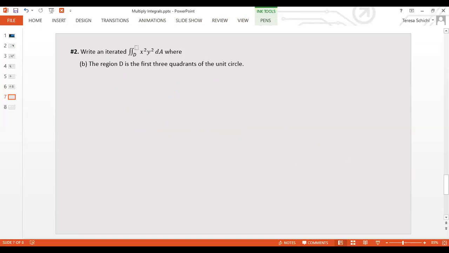So let's draw my picture first, right? This is my integration region, x squared plus y squared less than or equal to 1. Okay, let's see how we do that.